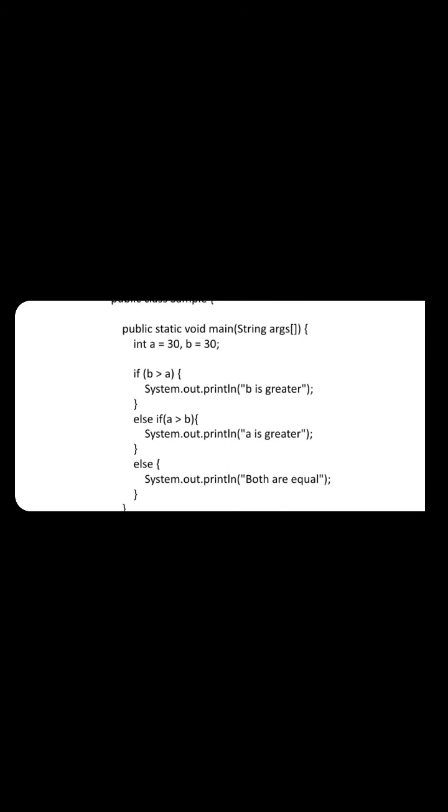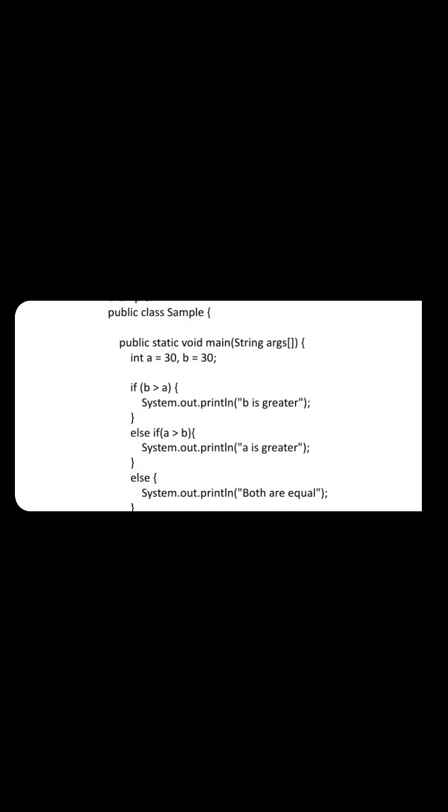So what you are going to have here: A is equal to 30, B is equal to 30. The first statement checks if 30 is greater than 30? No, because 30 is equal to 30. So it comes out of this particular block, and the flower brackets' B is not going to be displayed.